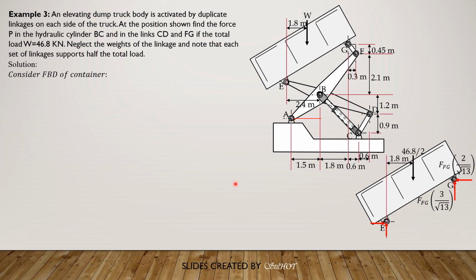This vertical distance I'll call Y. By similar triangles, Y is to 1.5 equals 2.1 is to 2.1, where 2.1 is 0.3 plus 1.8, so Y is 1.5 meters.